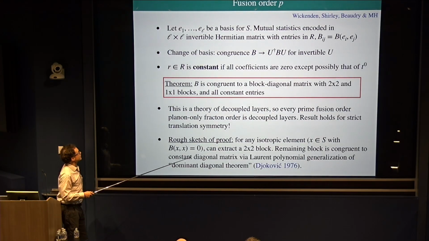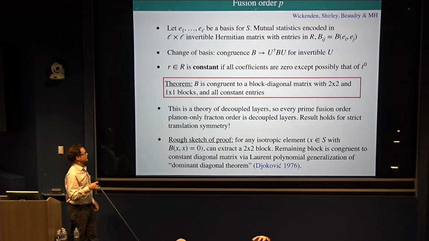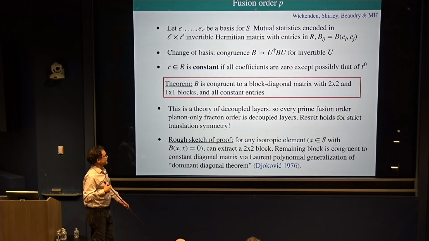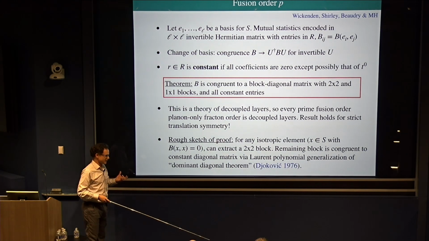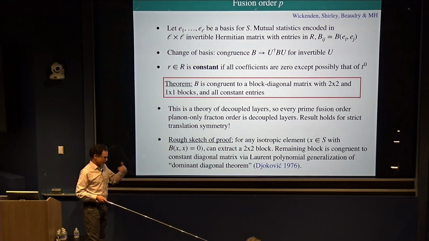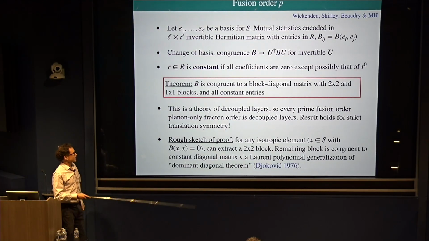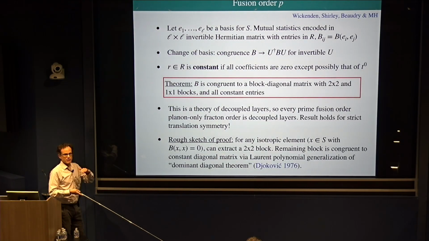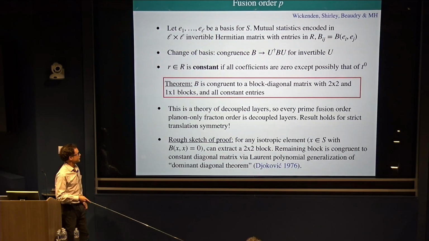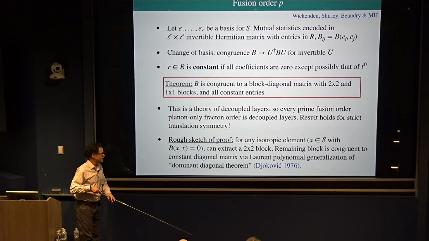It turns out, I'm going to skip these details because I want to get to something more interesting. It turns out that you can prove that the braiding also has to have the structure of decoupled layers. So if you look at the mutual statistics, you can show that it actually has to decouple between some way of organizing the layers. It's not an easy result.